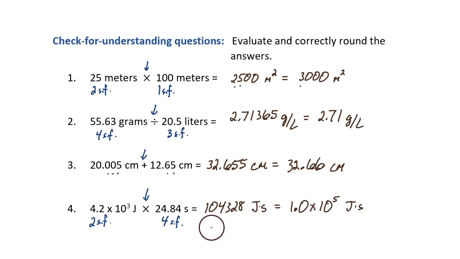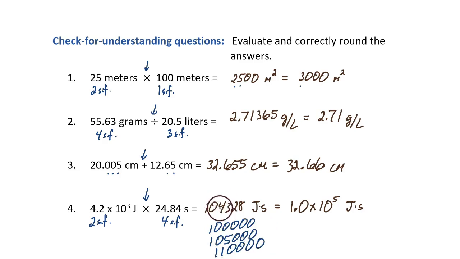Well, you can't round it to 100,000 because that only has one significant digit. And you can't round it to 1,050,000 because that has three significant digits. And it doesn't make sense to round this to 110,000 because what would be the reason you'd put a 1 here?